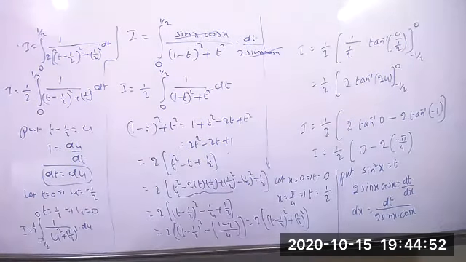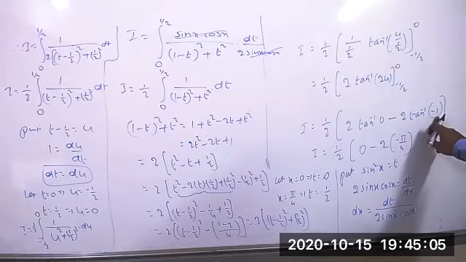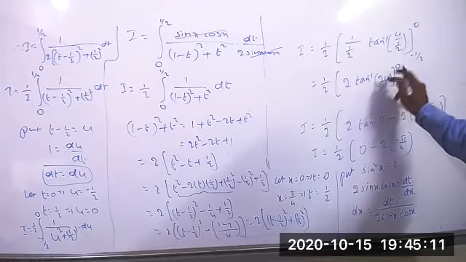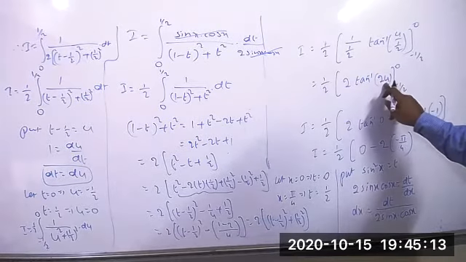Sir, that substitution is minus 1 by 2, no sir? Correct. Sir, but you substituted 1 by 2. So 2 into 0 equal to 0.